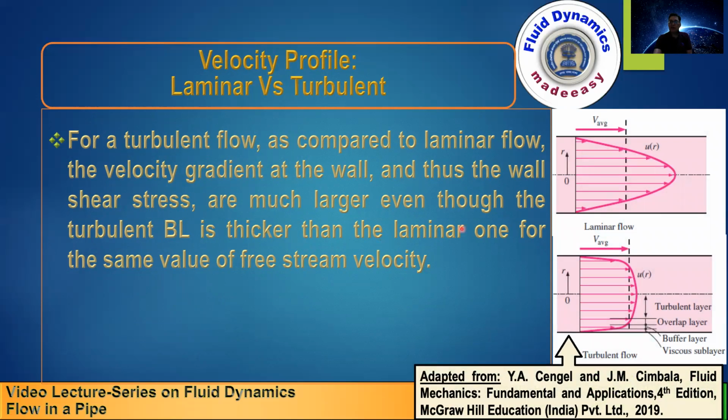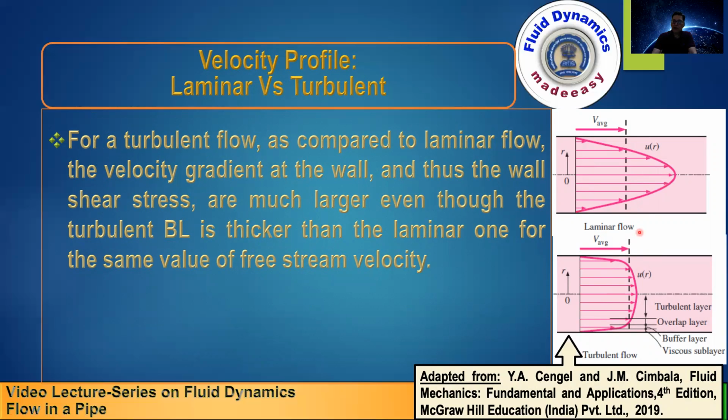This is the velocity profile which has been shown for a fully developed laminar flow, and this is the velocity profile for a turbulent flow. Let us say these velocity profiles have been shown near the transition value so that the volumetric flow rates are almost the same, corresponding to let us say a Reynolds number of 2300.